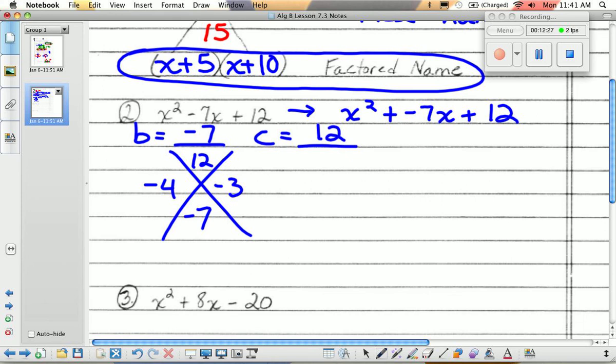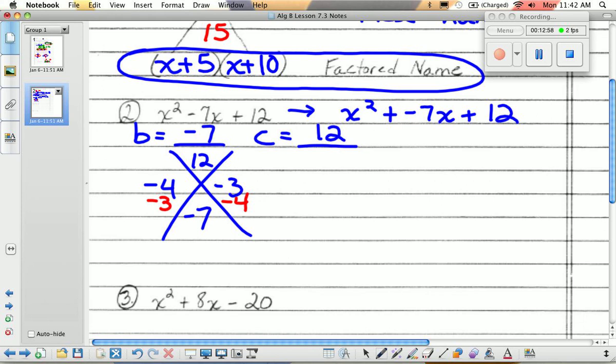If we multiply -3 times -4, do we still get 12? Yes. And if you add -3 and -4 together, does order matter in adding either? No. Do they add up to -7? So order does not matter. It doesn't matter which one you have on which side.